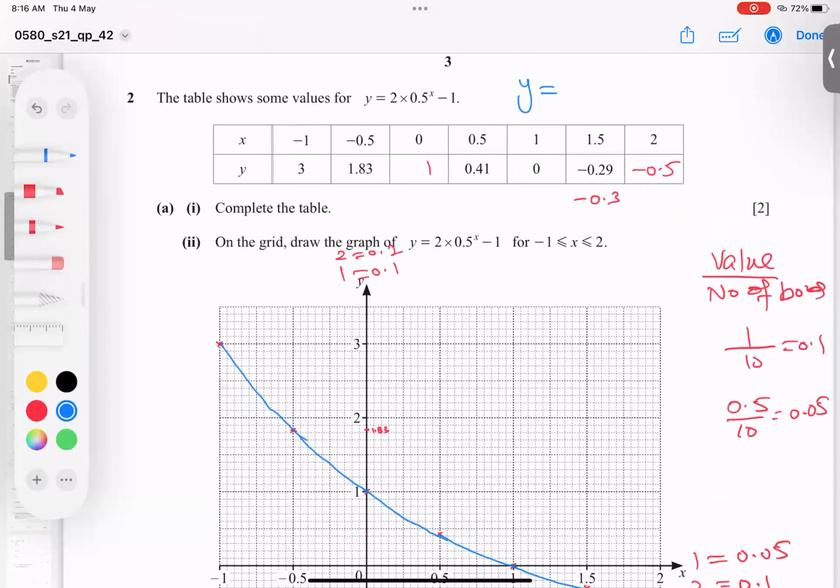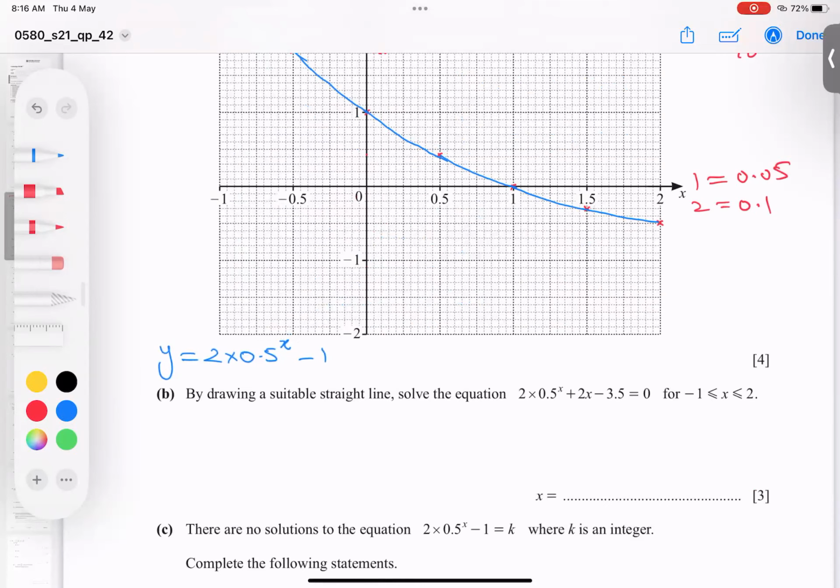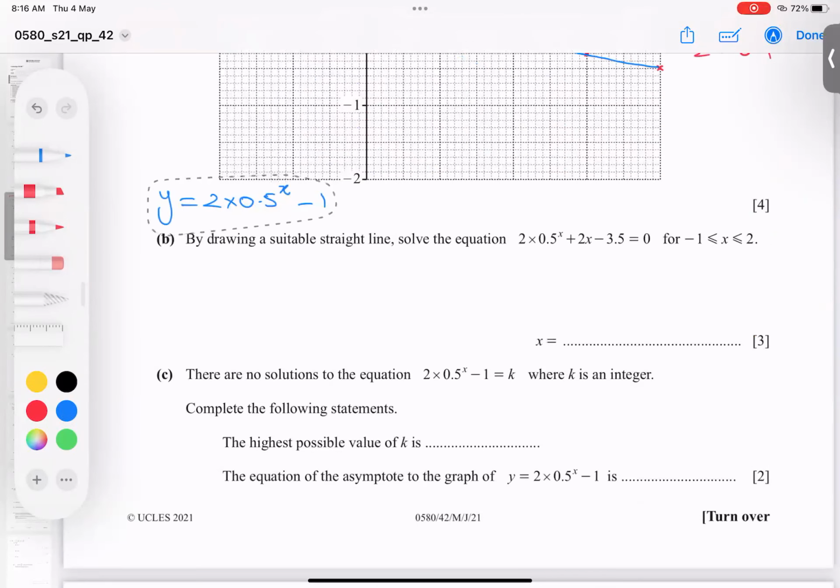The question is y equals 2 times 2, 0.5 power x minus 1. So this function, I bring it down. Is this 2 to the power x a match? Yes, totally matches. So this value, copy. This part totally copy. So this is done.